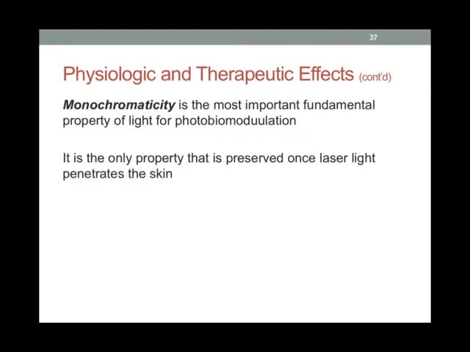That's why it's really important that the laser that we're using is monochromatic. Laser is monochromatic, and that's the most important property of light that is being used for photobiomodulation.